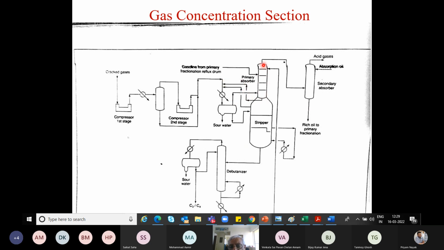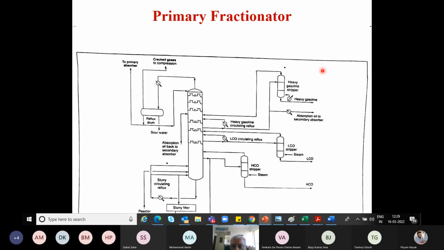The gases, which now have very little heavy hydrocarbons, are again subjected to another absorber. This is called the secondary absorber, where you put in an absorption oil, which is part of this material itself.